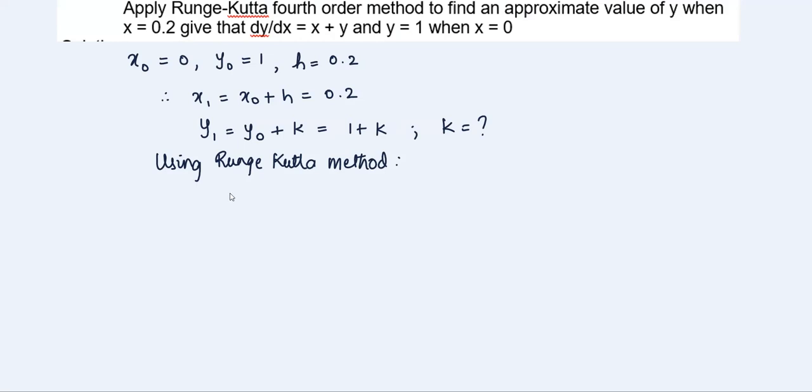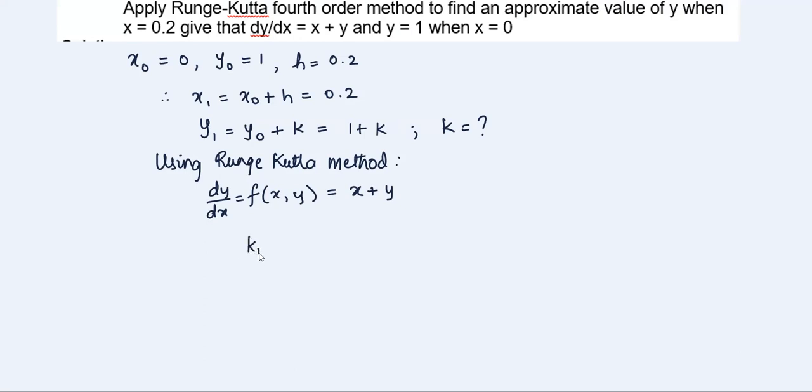First one: f of x comma y, which is dy by dx, is x plus y.